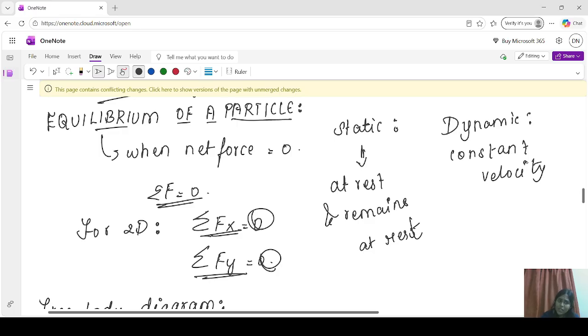And now, what is rotational equilibrium? For a body not to rotate, the net torque must be 0. This symbol means torque.